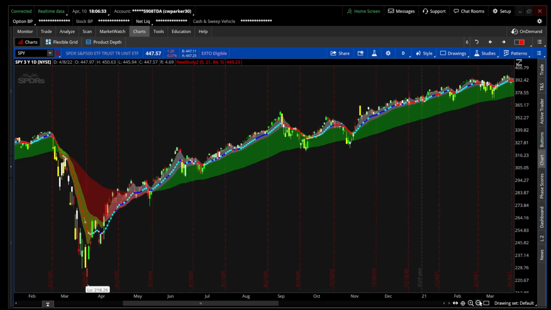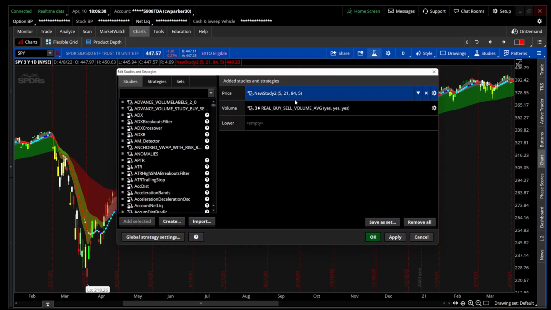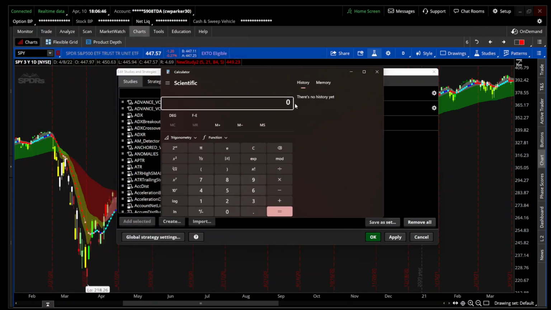So the other reason why I chose these numbers right here was because there's only 253 trading days in a year. So we break it down to 12 months. 253 divided by 12 gives you 21.08.